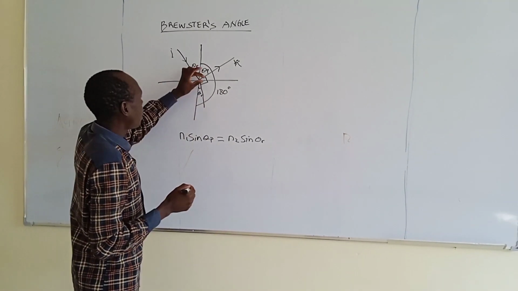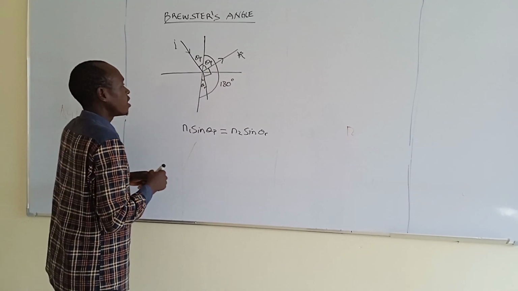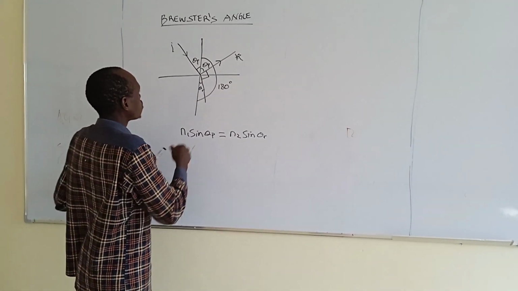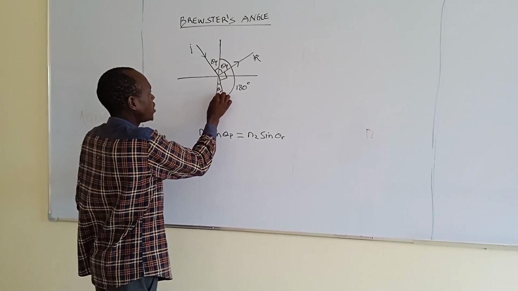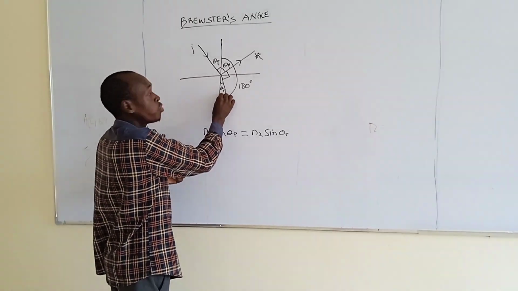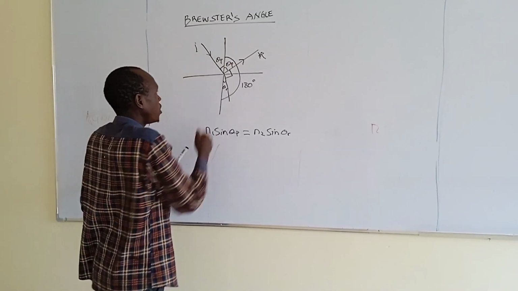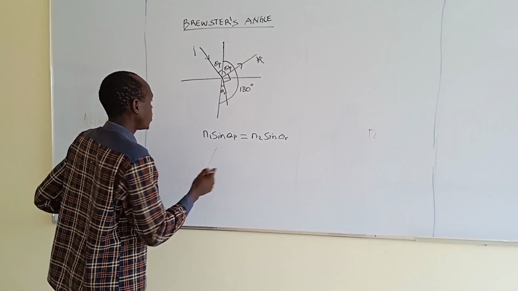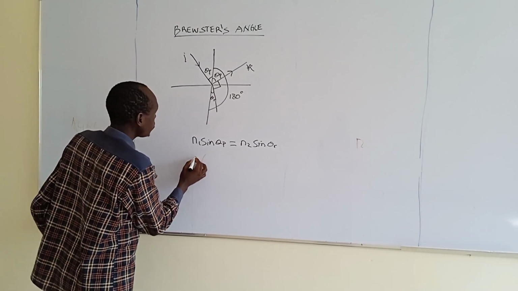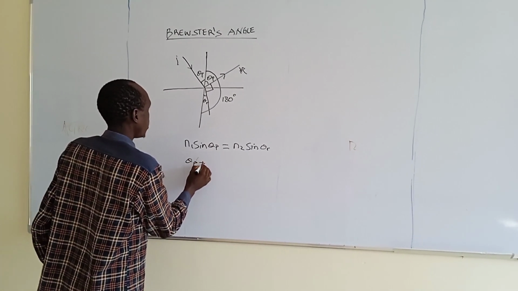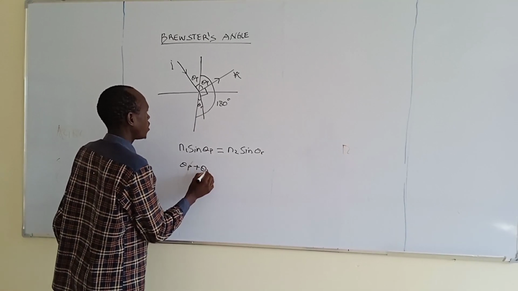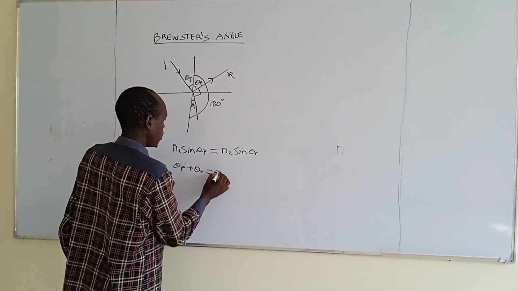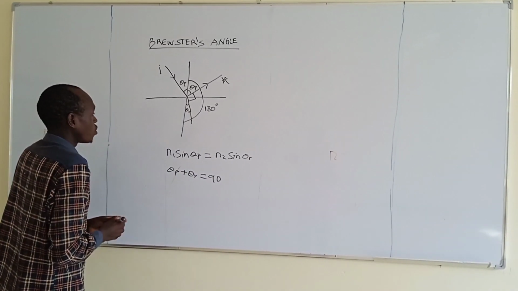When we subtract 90 from 180, we definitely get 90. So this angle, theta r, the refracted angle, plus this theta p, we get 90 degrees. So theta p plus theta r is equal to 90 degrees.